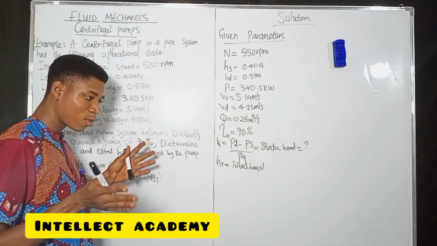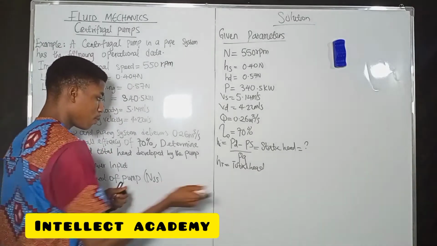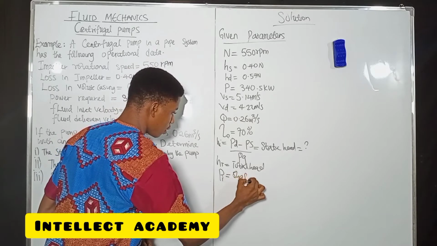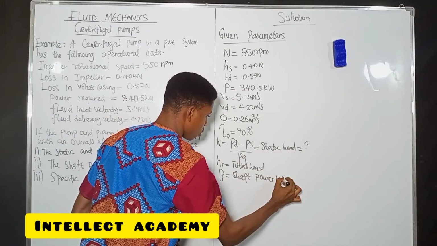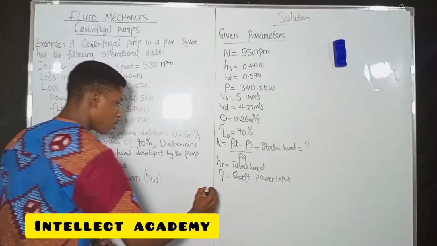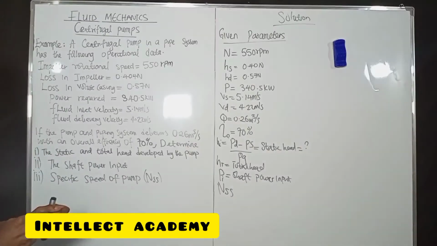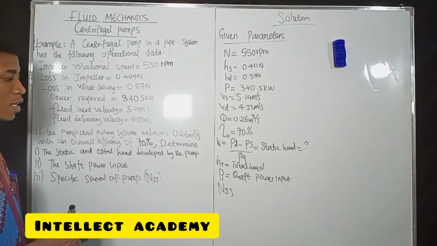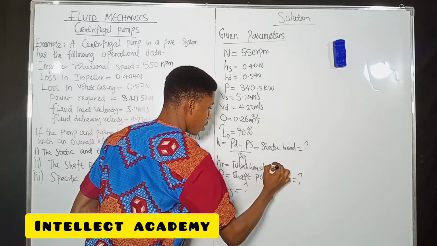I can give you a small understanding when we get there. Let's call the shaft power input VI. Then I'm looking for the specific speed of the pump, which is given by a formula. When we get there, we'll cross it. So we're looking for these parameters.